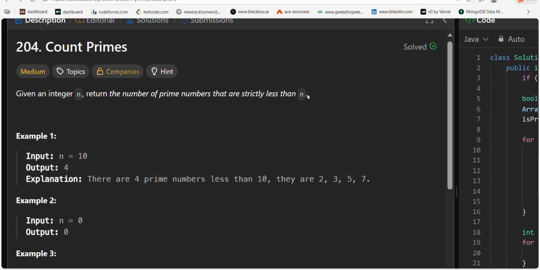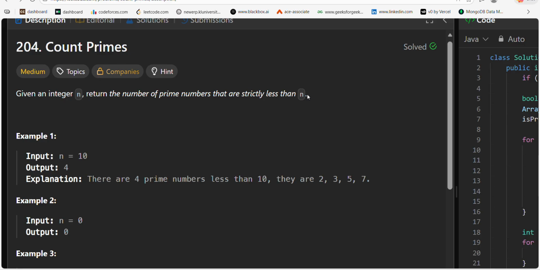Before that, I'm going to tell you what a prime number exactly is. A prime number is a number that starts from 2 and goes up, and we only take those numbers which are not divisible by any other number.